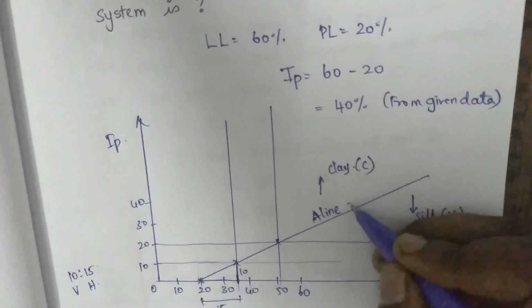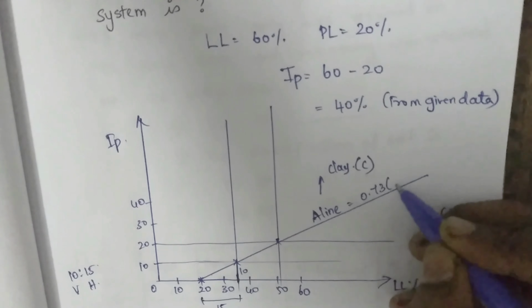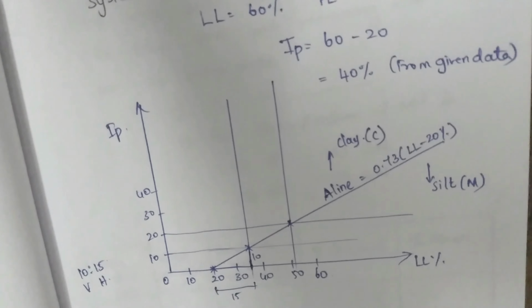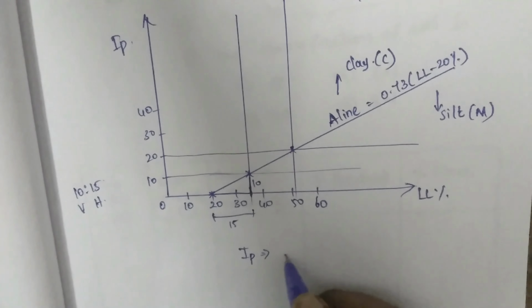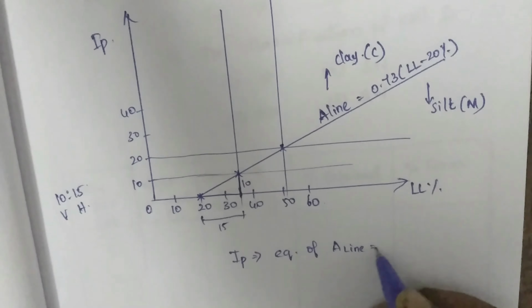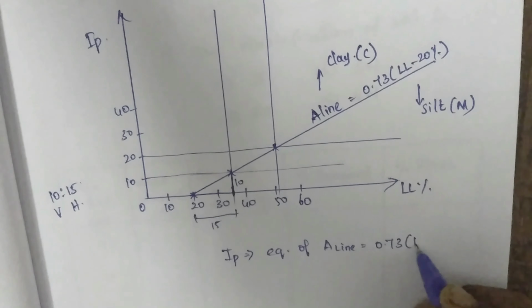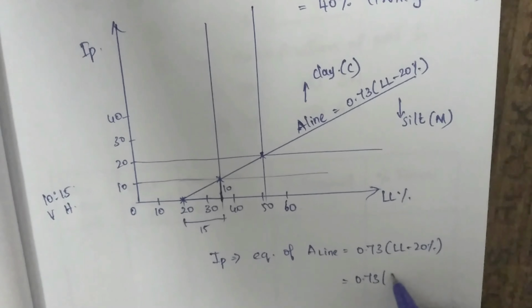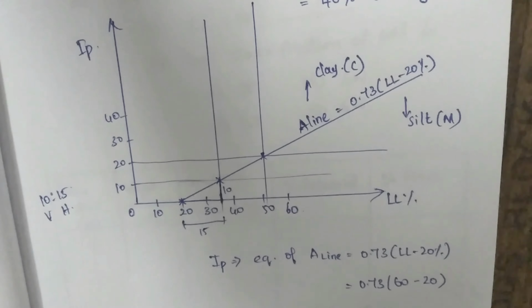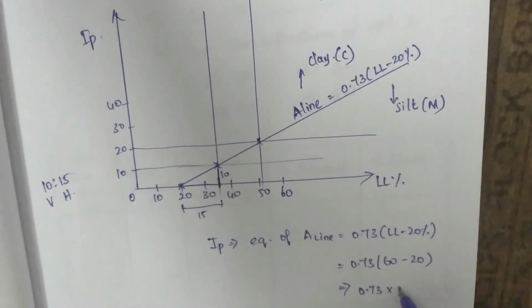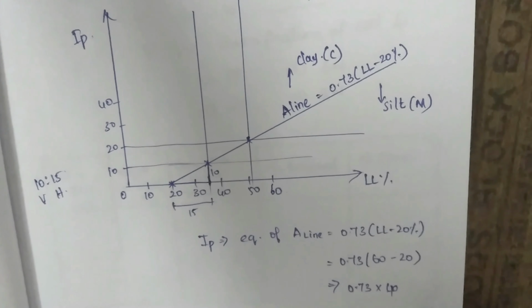The A line's equation is given by 0.73 into LL minus 20%. So the IP on the A line is 0.73 into LL minus 20. So the LL is 60% minus 20, 0.73 into 40.